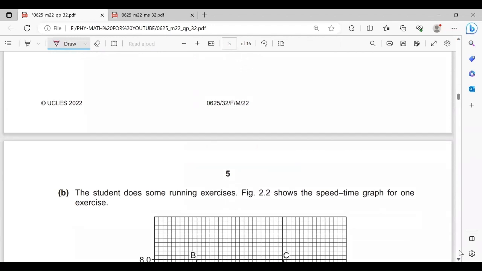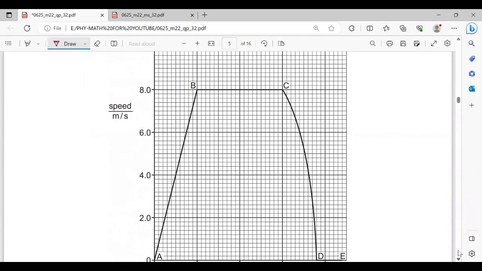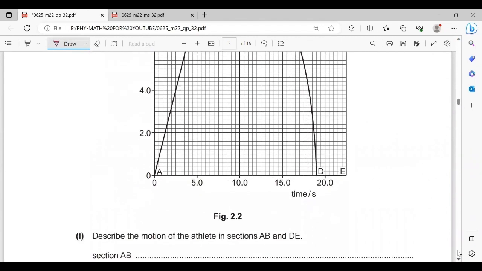Next, B. The student does some running exercise. Figure 2.2 shows the speed time graph for one exercise. This is the graph. You may look at your past paper.